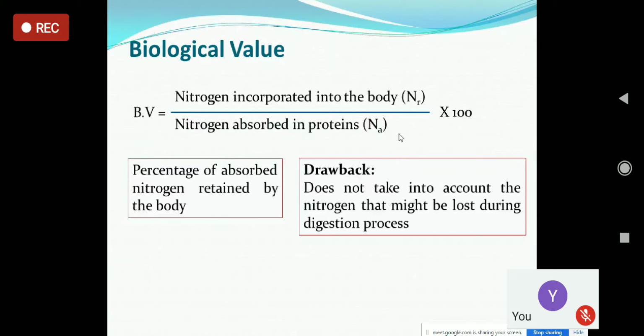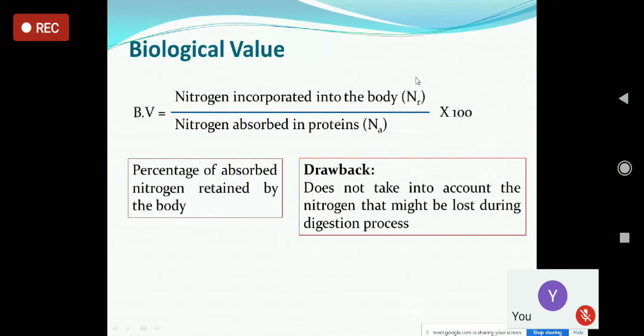So according to this biological formula, you keep the values I've just given in the example. You are consuming 100 mg of nitrogen, but there is no place to put that value in this formula. The body is retaining only 10. So in here, Na, you write 10, and nitrogen incorporated in the body is 8.